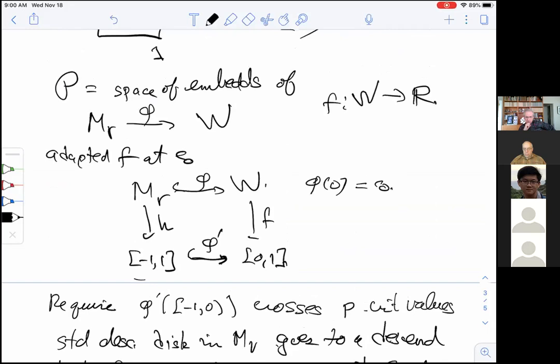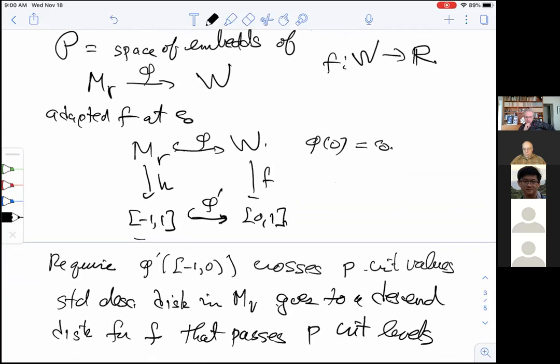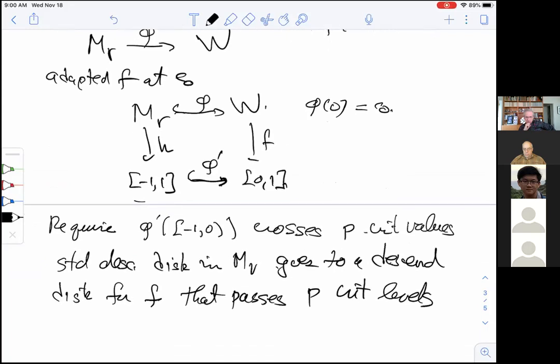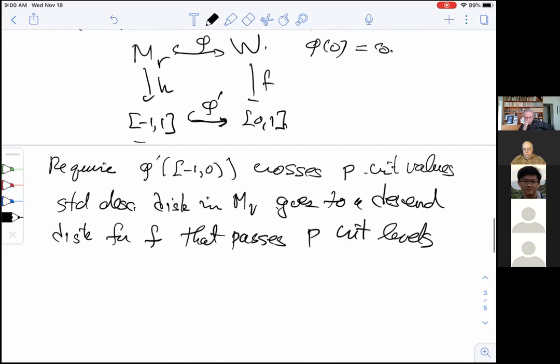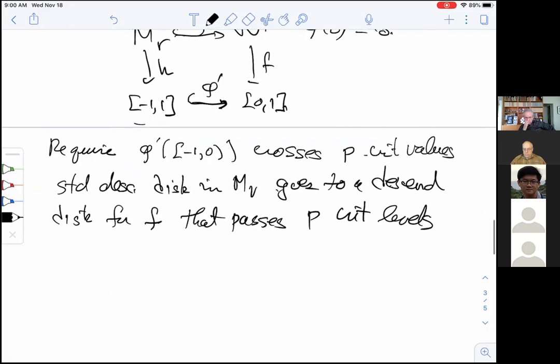I won't put it in the notation. So this is the space of embeddings like this, adapted to F at the critical point C0. So 0 goes to C0. You get a nice commutative diagram. Levels here go to levels here. And the standard descending manifold for the model goes to one that passes P critical levels.